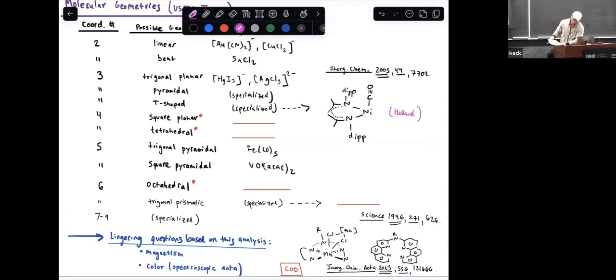The bread and butter, the geometries that we're going to interact with most in class, are the ones denoted here with a red dot: square planar, tetrahedral, and octahedral, and maybe to a lesser extent, trigonal pyramidal and square pyramidal.